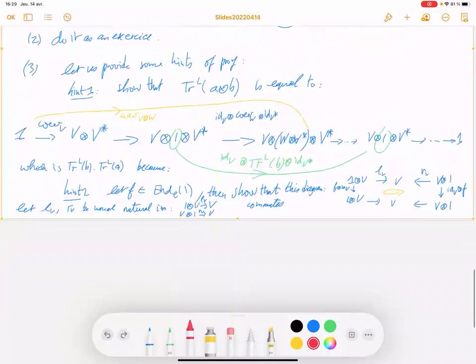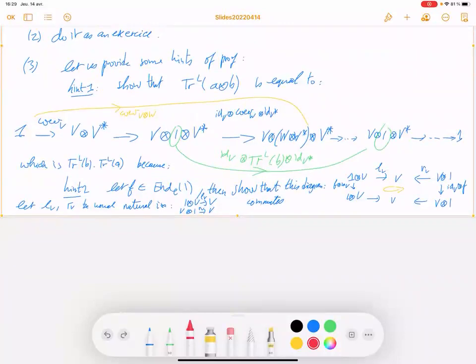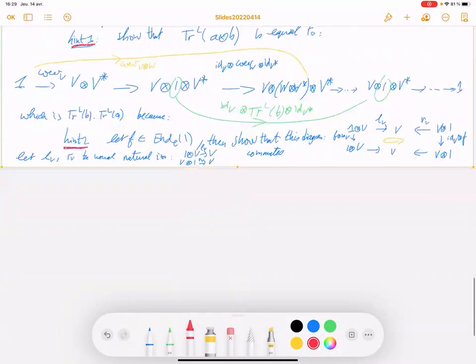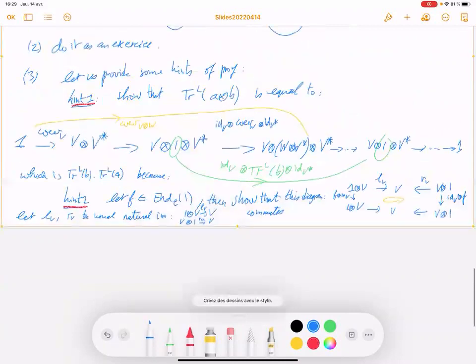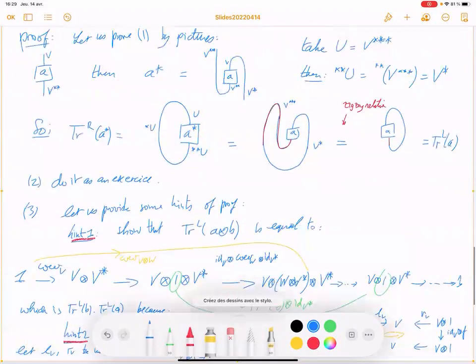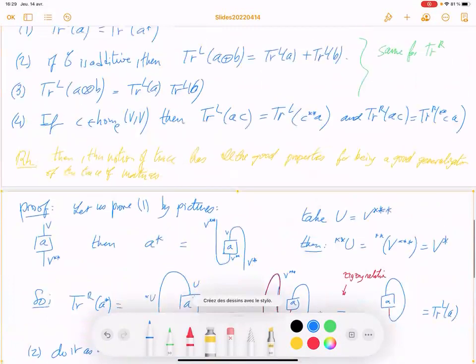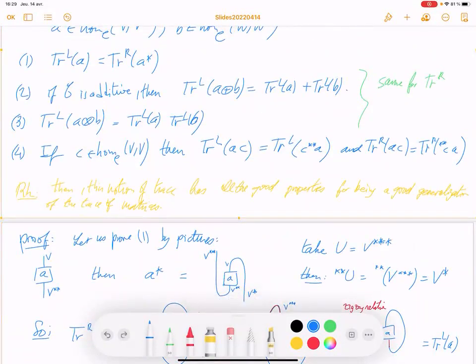Okay. So int 1, int 2. I will not provide more details. And the fourth, the last point, was how the trace of AB equal the trace of BA, how this property of matrices generalizes here.